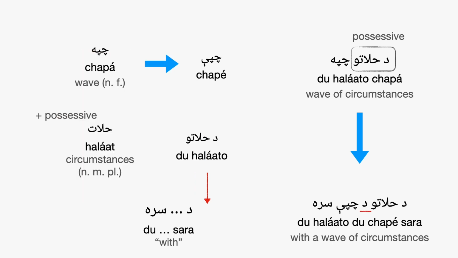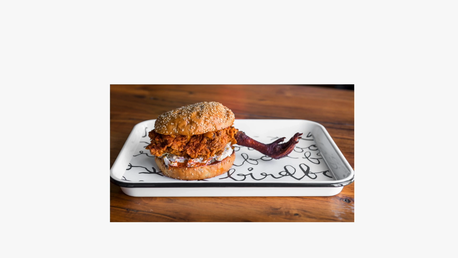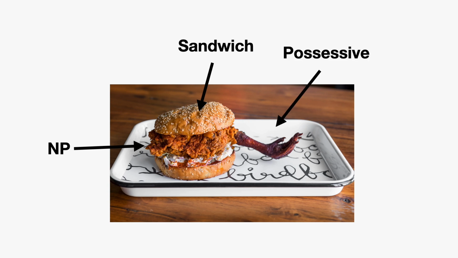And notice here is the sandwich, and the main part is inside the sandwich, but the possessive hangs off the side. Now, to help you remember how this works, imagine a big chicken burger like this, with a chicken leg hanging out of it. So here's your sandwich, and then inside of the sandwich you have a noun phrase. This is all inflected with all of its lovely sauces and stuff, and then hanging out of it is the possessive.